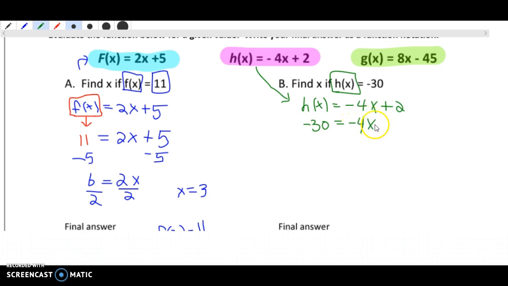I'm looking for x when the output is negative 30. So I replaced h of x with negative 30. Let's solve this two-step equation.